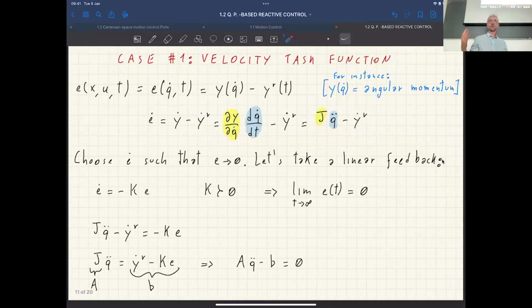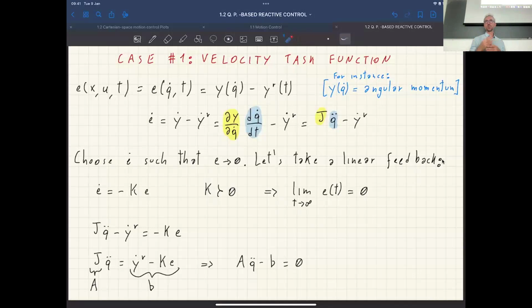Okay, let's say that my task function E depends on the robot velocities. That would be the case, for instance, if you had a velocity reference that you want to track with some parts of the robot's body, or maybe you want to minimize the angular momentum of the robot while it's walking, if it's a humanoid robot.